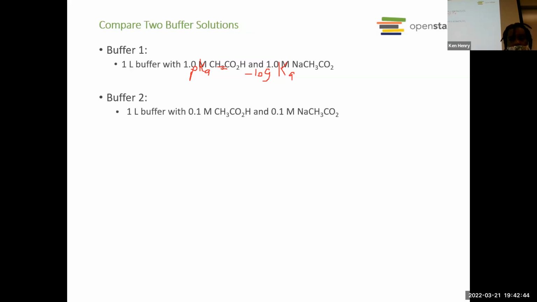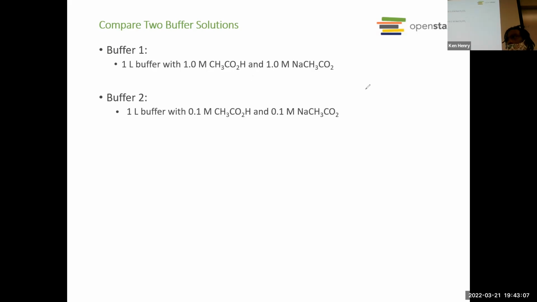Okay, so can we calculate the pH of this buffered solution?